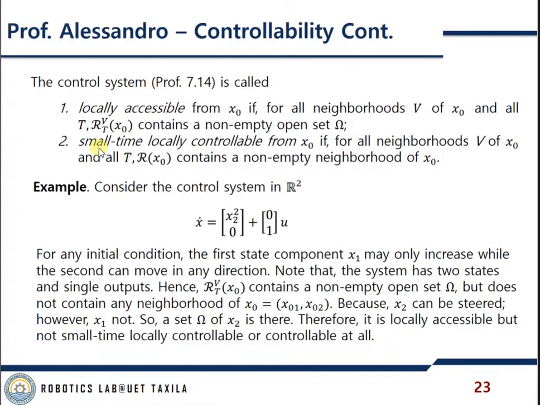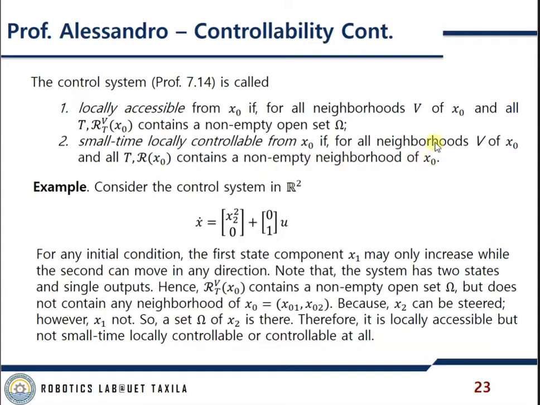But let me describe small time local controllability. The control system is called small time locally controllable from x naught if for all neighborhoods v of x naught and all t, R_v(x naught, t) contains a non-empty neighborhood of x naught.